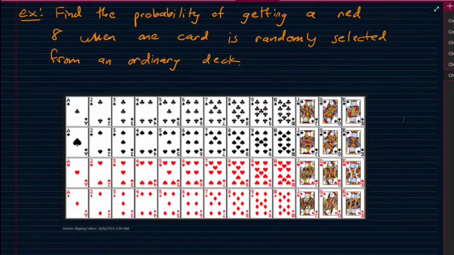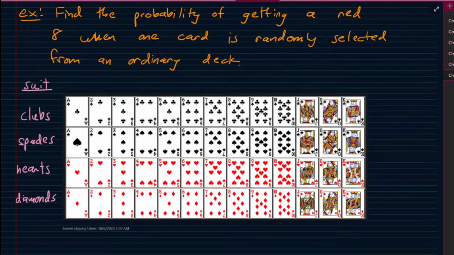If you don't know much about cards, these are what are called their suit. And these are the clubs, the spades, the hearts, and the diamonds. Often they also talk about face cards.